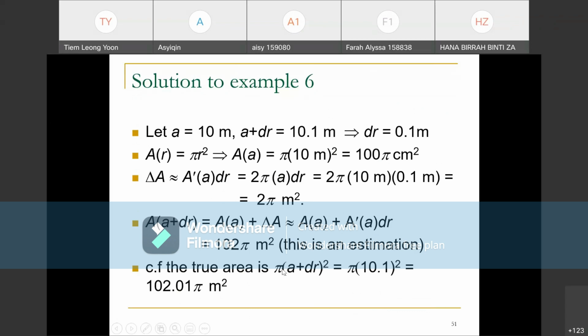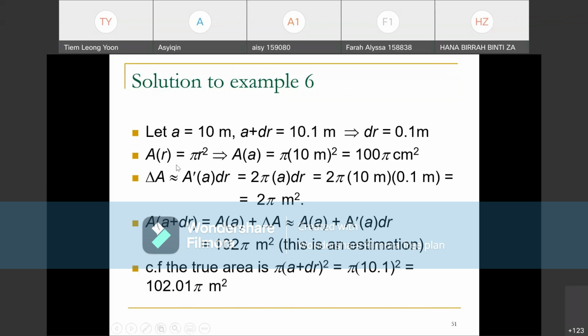So the exact value is this. This is the value of A when R changes from 10 to 10.1. Then the difference between this number and this number gives you the exact change in the area.